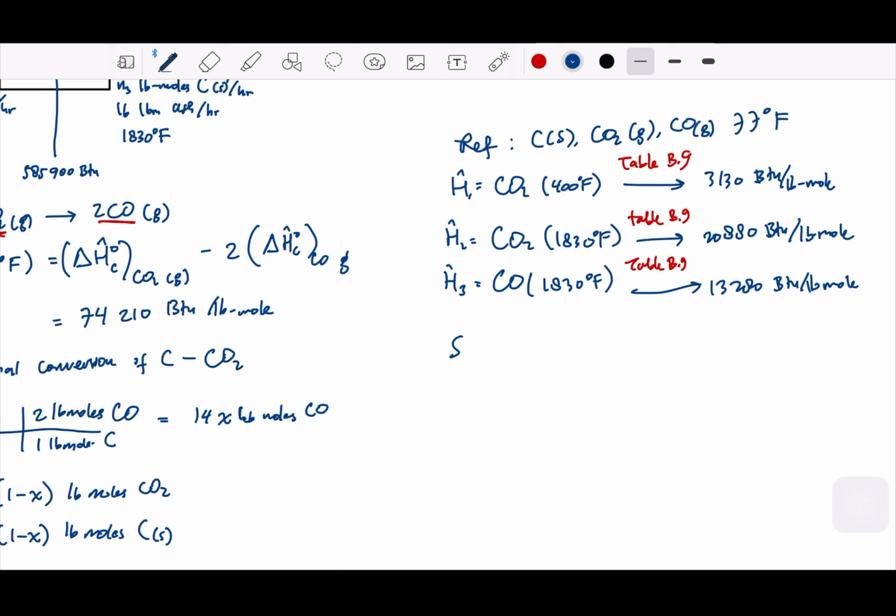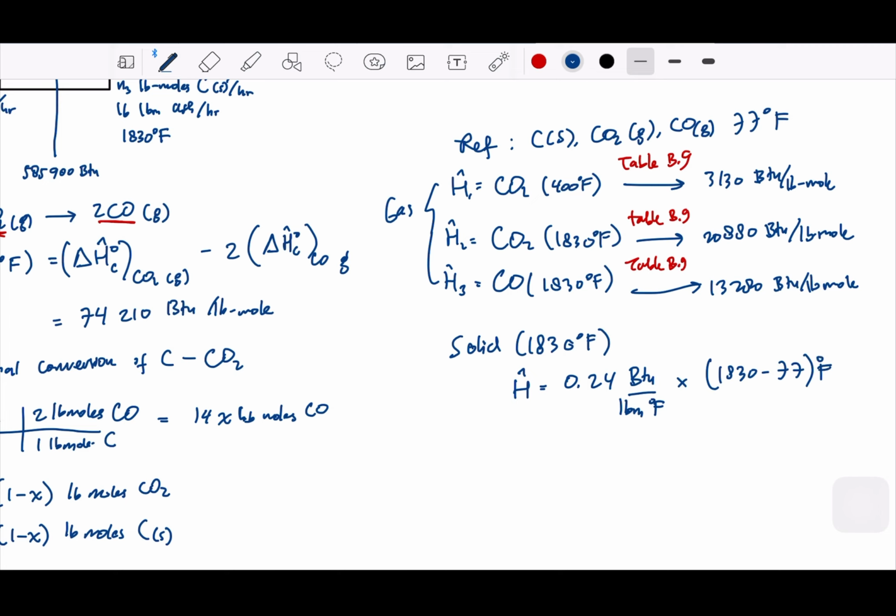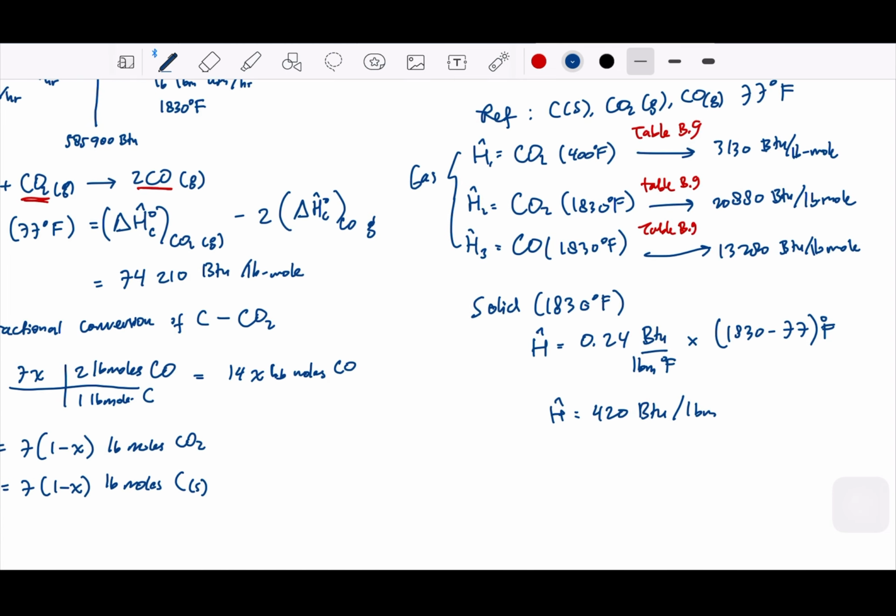For all gases, and for solid at 1800 Fahrenheit, we get the enthalpy using the one that is given in the information, and then multiply with the difference in the temperature. So the enthalpy is 420. It's small because it is solid.